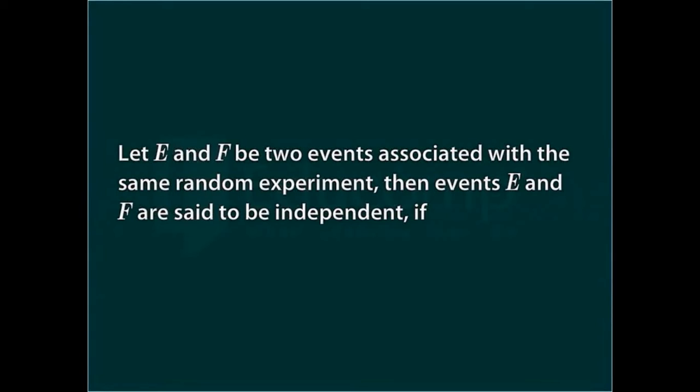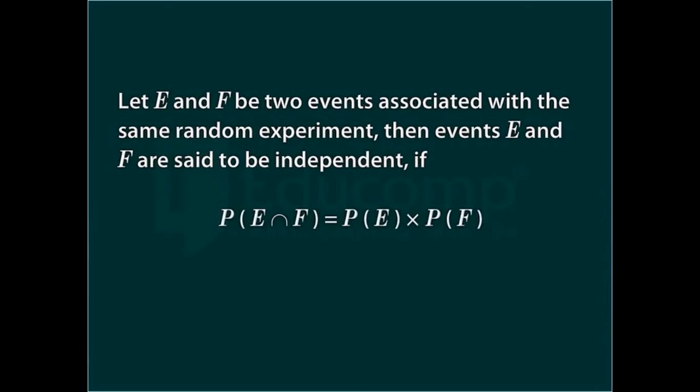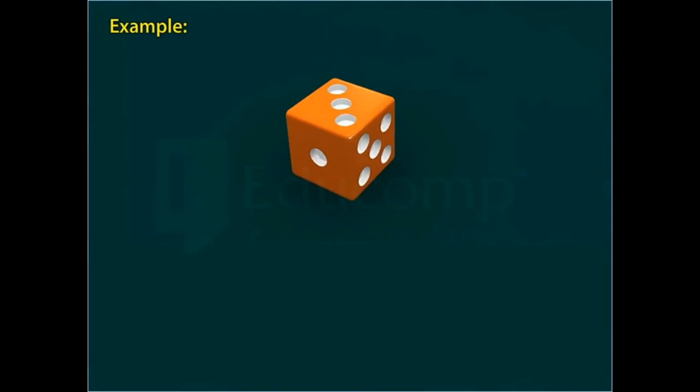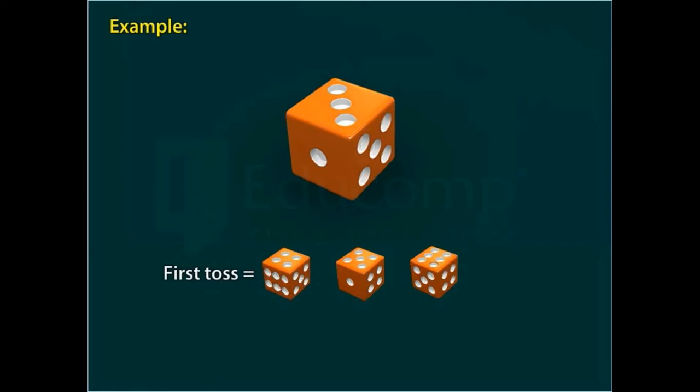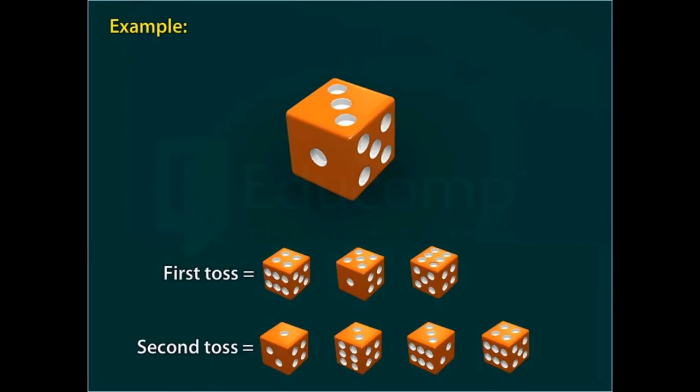Then events E and F are said to be independent if probability of event E intersection F equals probability of event E into probability of event F. Example: a dice is tossed twice. The probability of getting 4, 5, 6 on the first toss and 1, 2, 3 and 4 on the second toss.